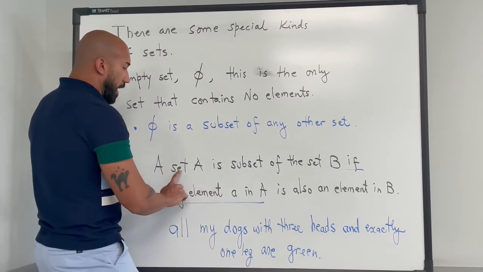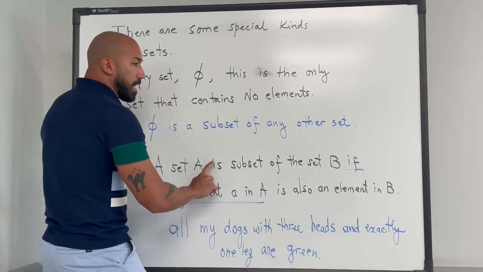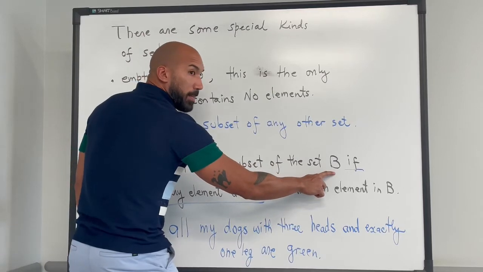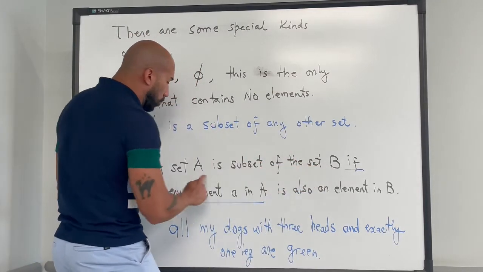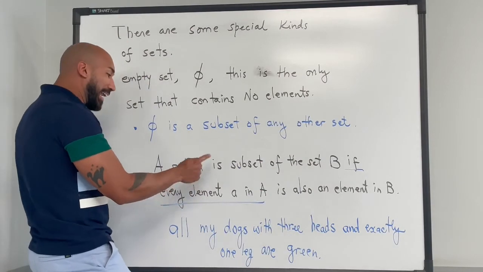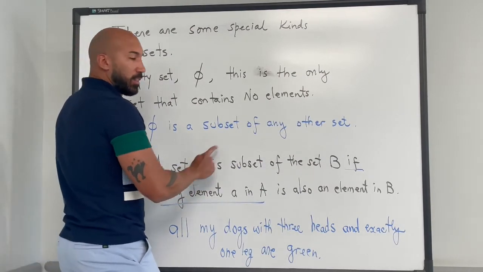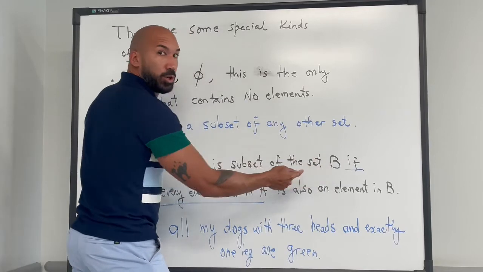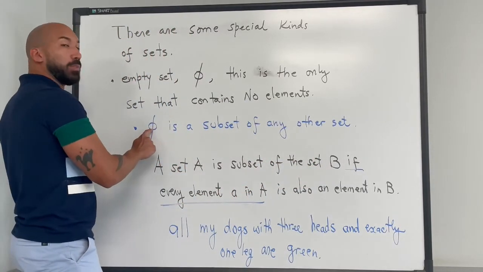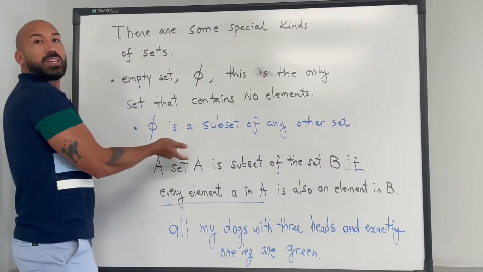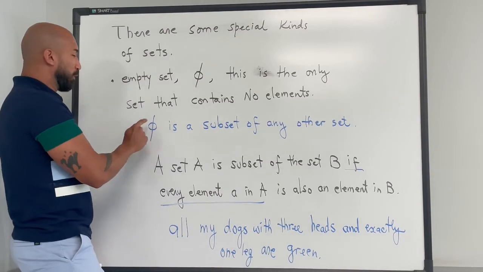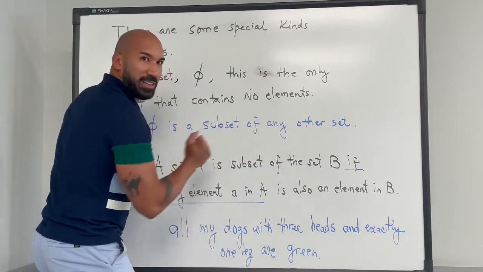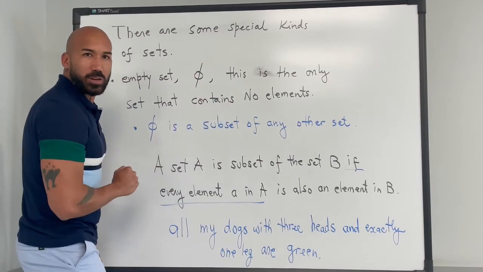When we say every element in A is also an element in B, for you to say that A is not a subset of B, you need to be able to find an element in A that is not in B. You will never be able to do that with the empty set, because since the empty set doesn't contain any element, you won't be able to find an element in the empty set that is not in any other set that you're considering.